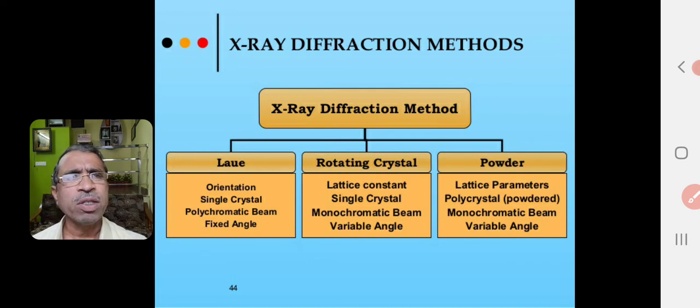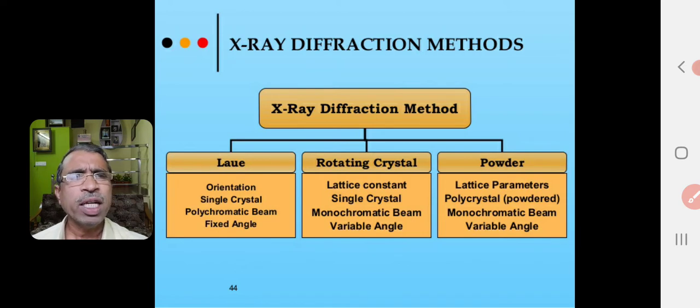Those 3 ways are: the first one is the Laue method, another is the rotating crystal method, and the third one is the X-ray diffraction powder method. Below, the similarities and differences of the Laue method, rotating crystal method and powder diffraction are given. The Laue method includes orientation, a single crystal, a polychromatic beam, and it contains a fixed angle.